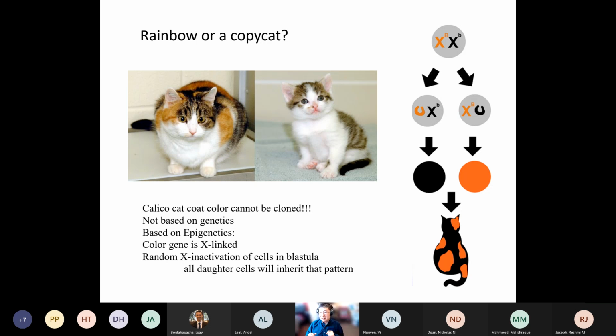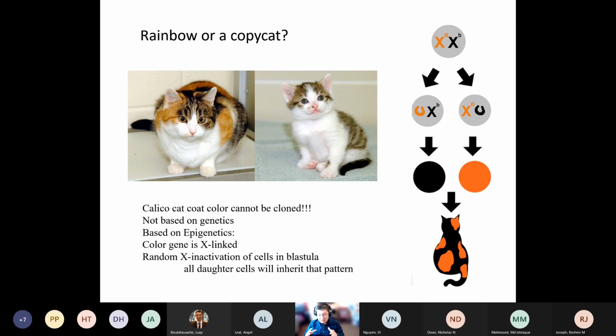Because of that, as you can see here, some of the cells in a female will have inactivation of the paternal X chromosome, while some of the cells will have maternal chromosome inactivation. That X inactivation is random.